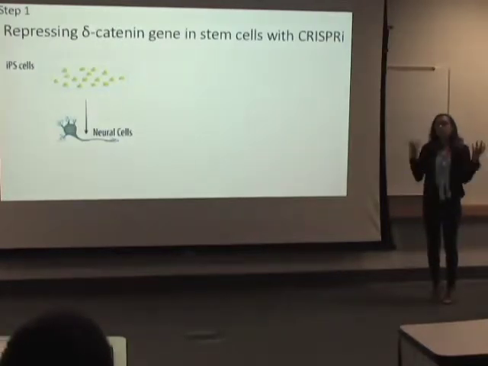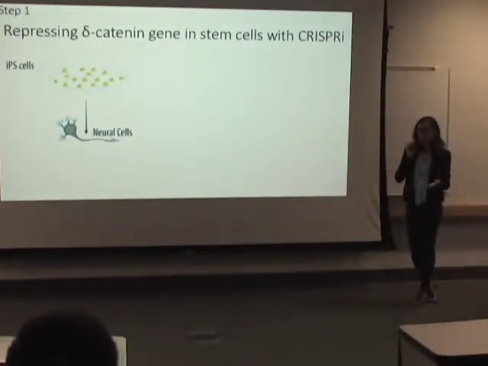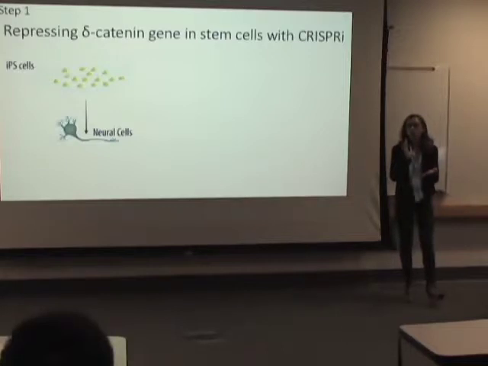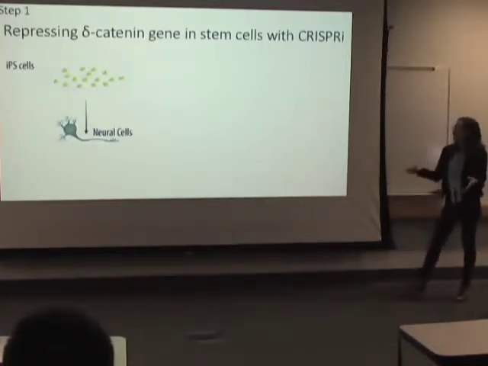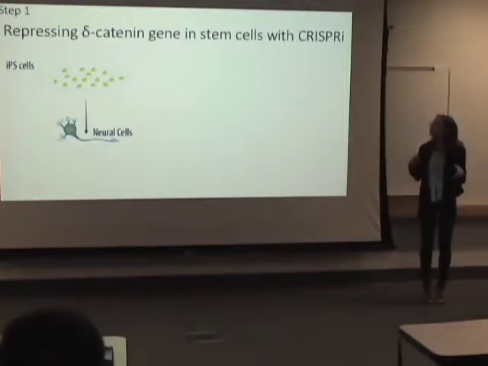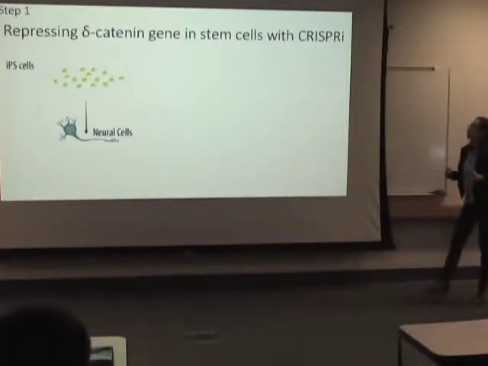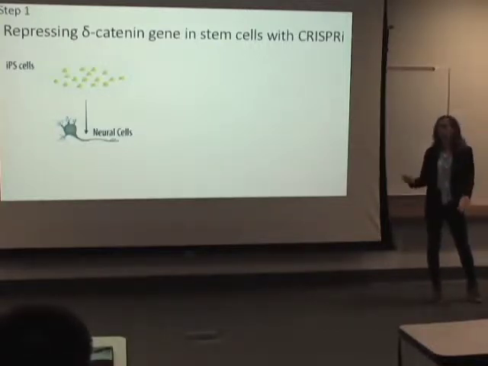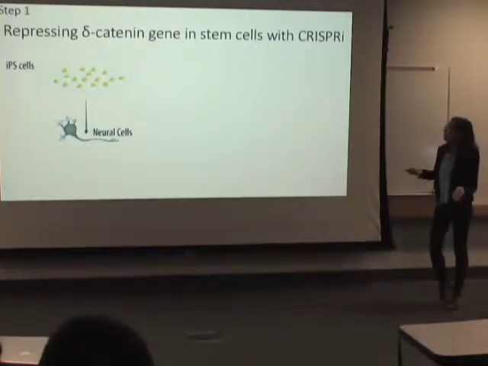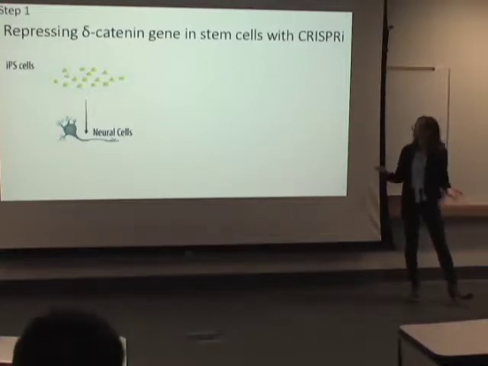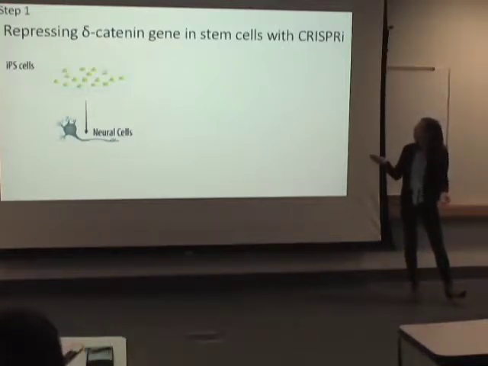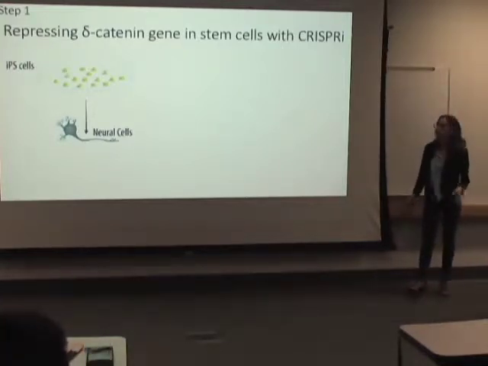The way that this would work is that on the specific gene, a complex would bind to the gene, which would then inhibit the transcription of the gene. So knocking down means exactly this, inhibiting the transcription. And then this would stop the gene from being transcribed, translated, and then produced into a protein. So the protein would no longer be present.